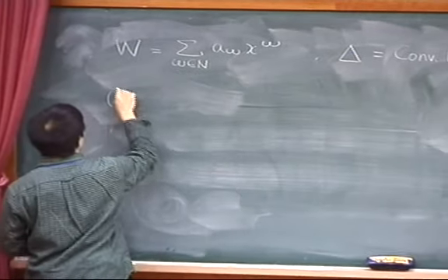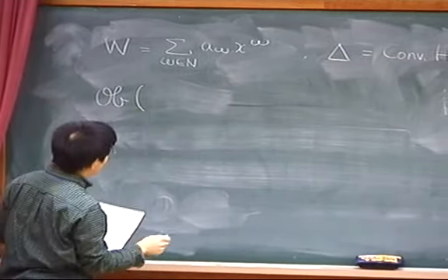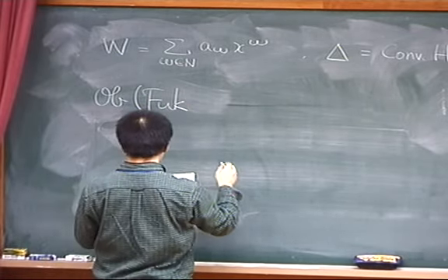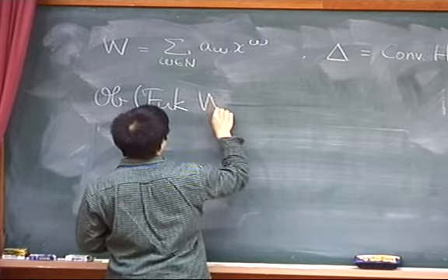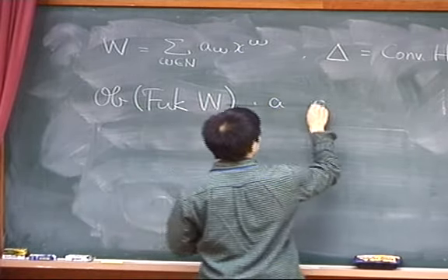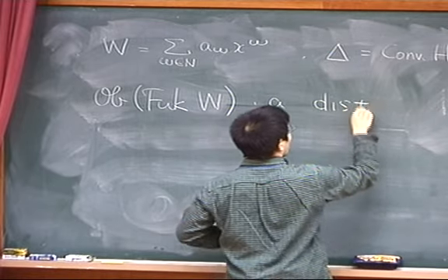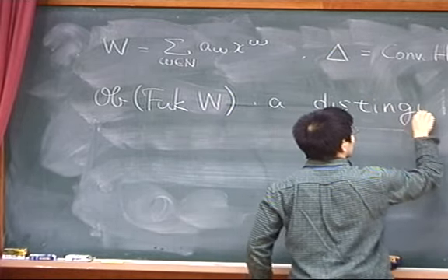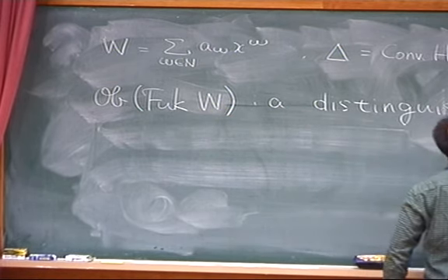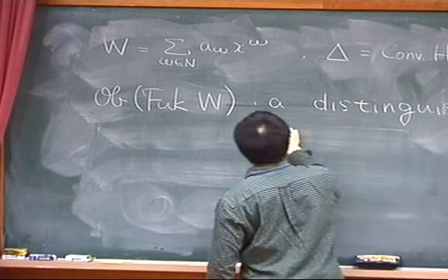And well, just one word about the Fukaya-Seidel category. It's an infinity category whose set of objects is a distinguished basis of vanishing cycles.